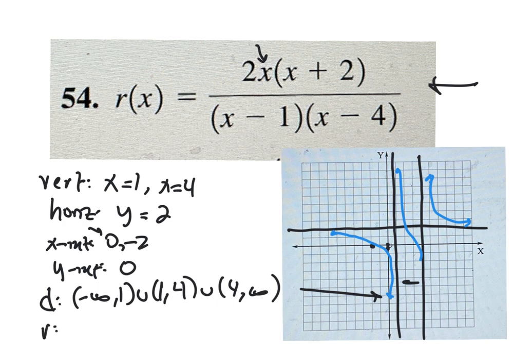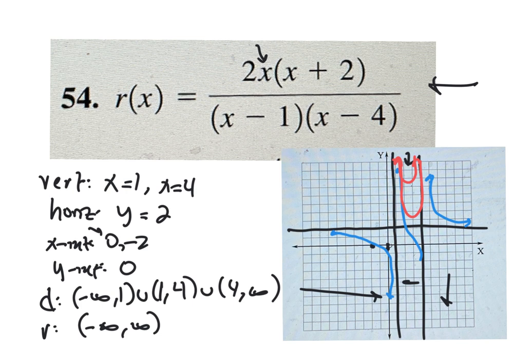Now the range, how far up and down it goes. It goes down forever. Now, here's the deal, I don't know. Because if that middle section right there is how I drew it, then the range is going to be like this. If the middle section is doing this, then it's not going to be all reals. It may come down close to this asymptote.